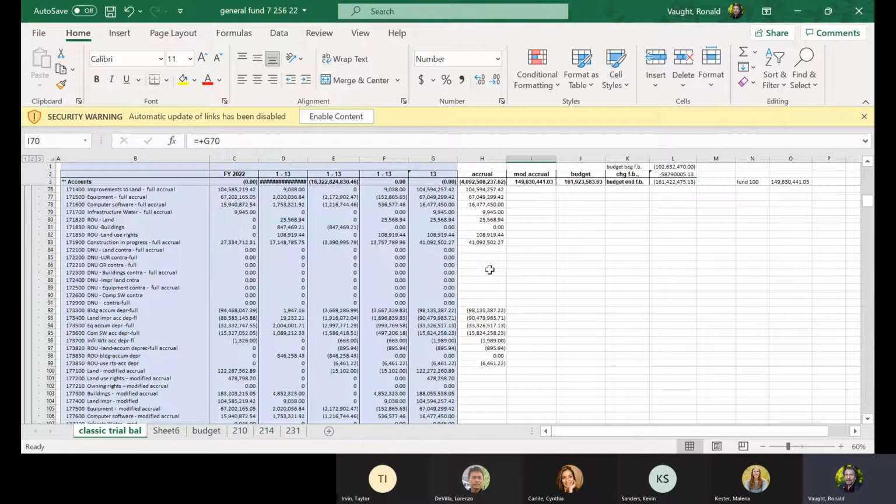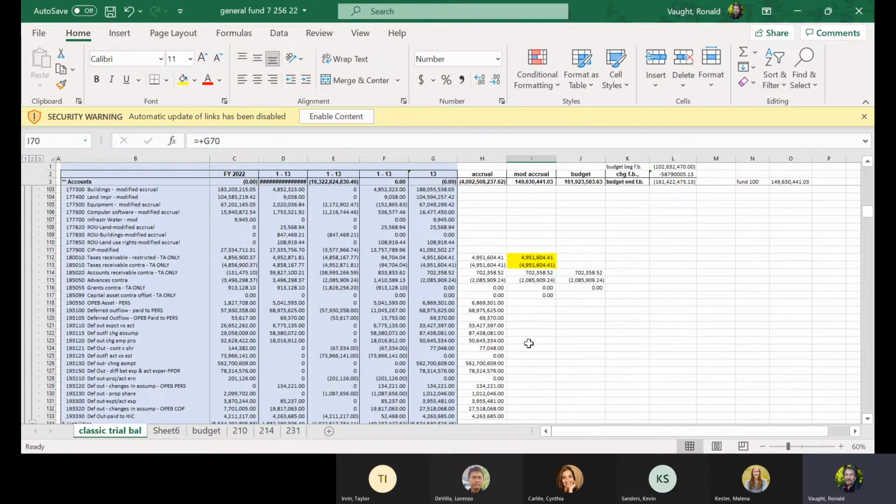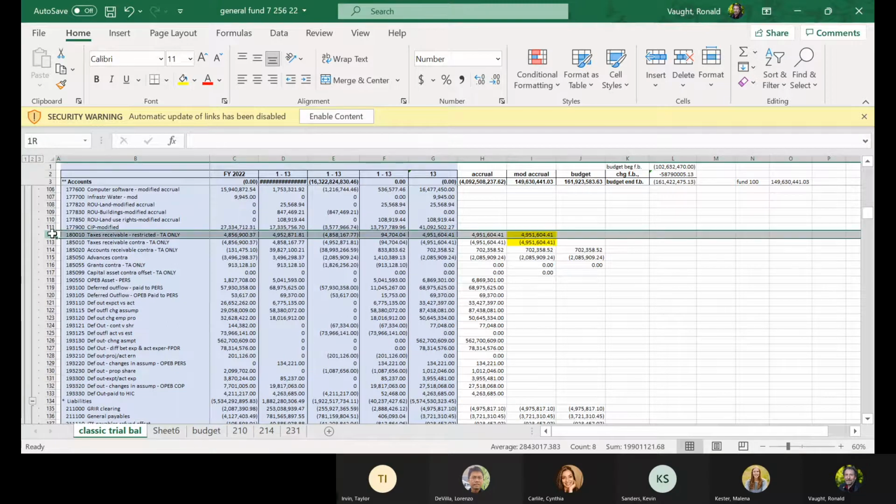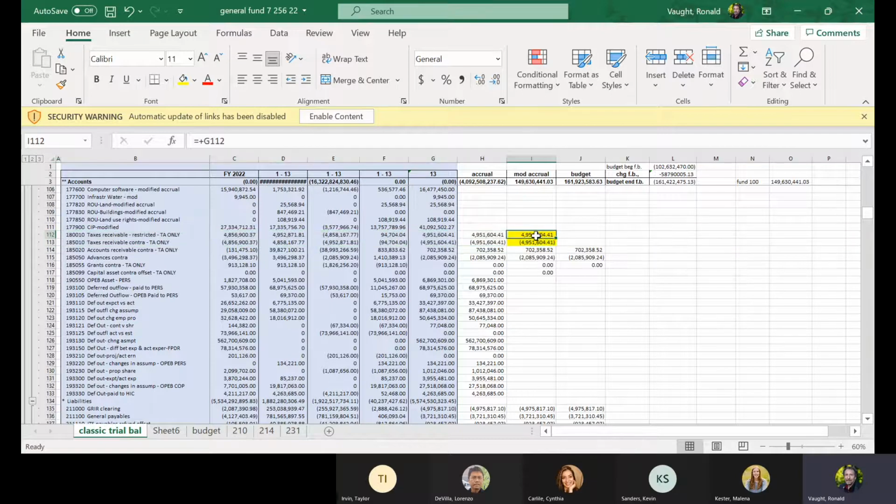And all these are capital asset related. Since capital assets don't exist in modified accrual, we don't include those in either basis. These add up to zero, so it's not really a big deal.